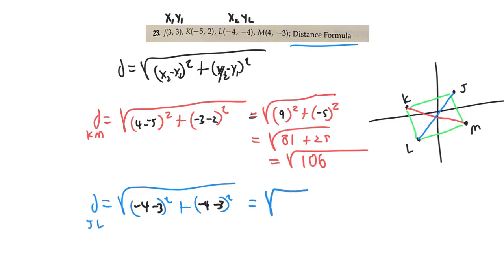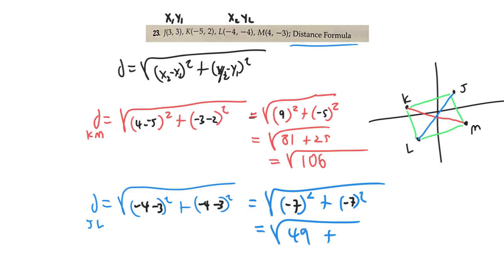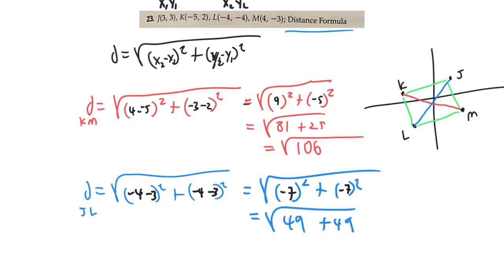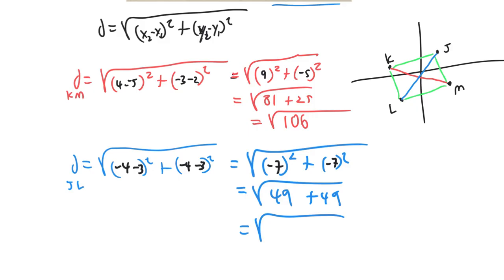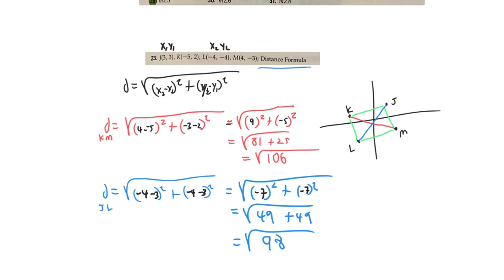And of course, that's going to be something squared plus something squared, namely negative 7 squared, negative 7 squared. And then that is 49 plus 49, which is 98. Okay, so in that moment, we have one diagonal that happens to be radical 106 in length, and another diagonal that happens to be radical 98 in length.